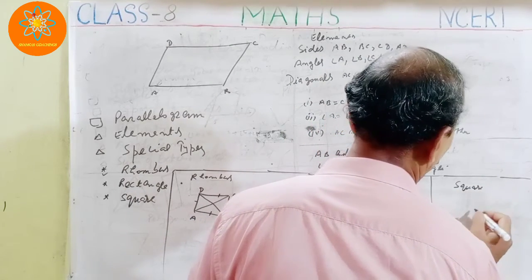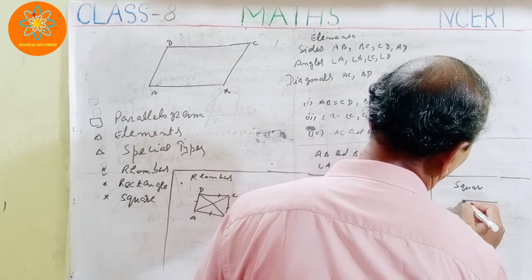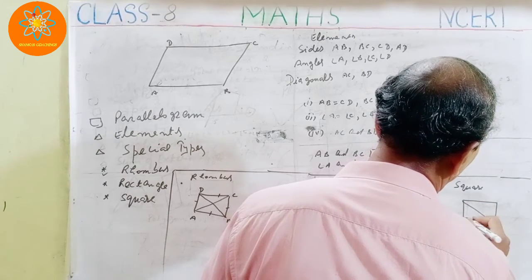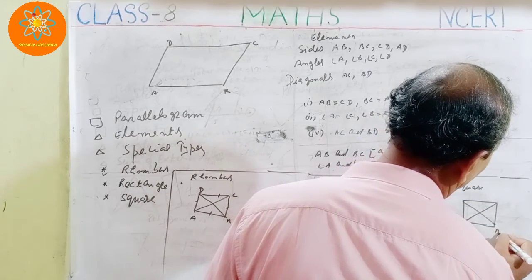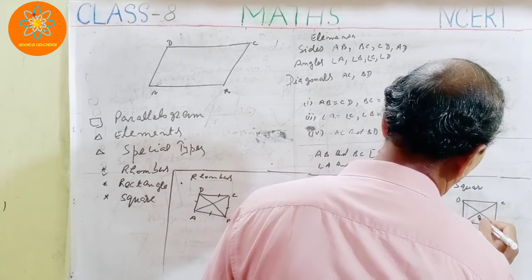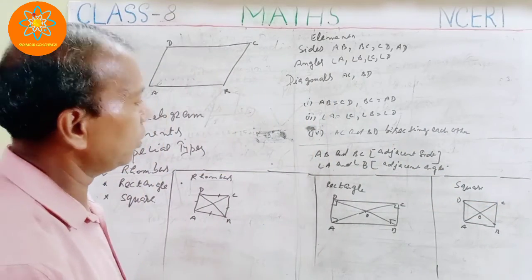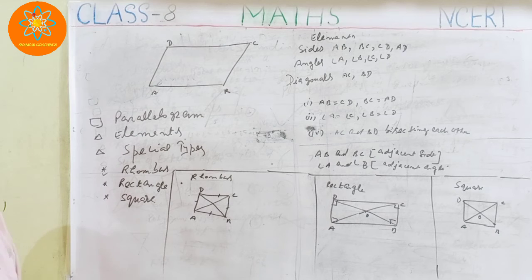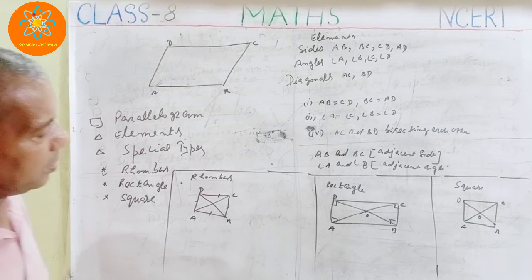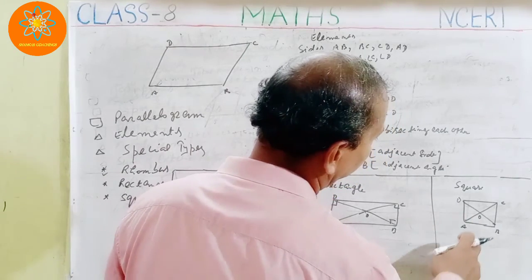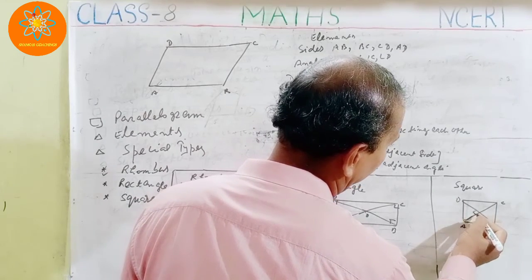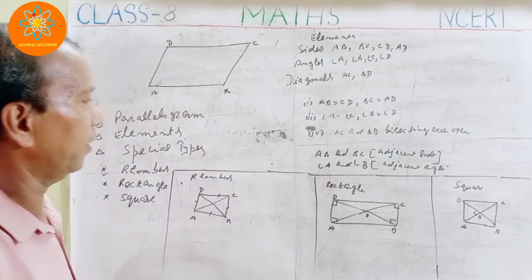Now come to the last type, that is the square. Let's suppose this is the square, with A, B, C, and this point O. A square is also a type of parallelogram. The only difference is that the diagonals of the square bisect each other as well as at 90 degrees.